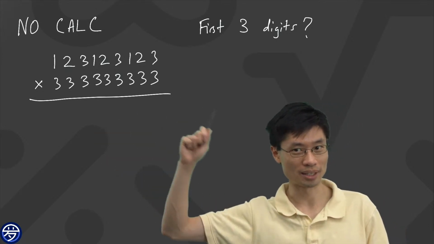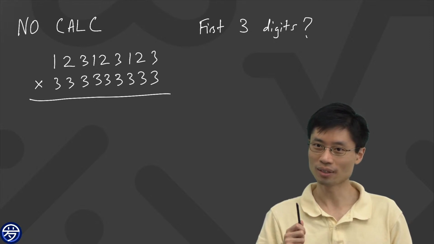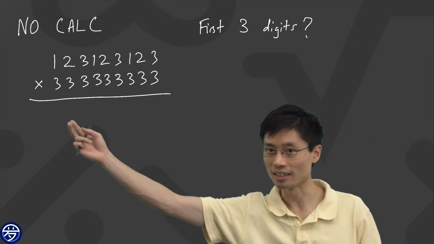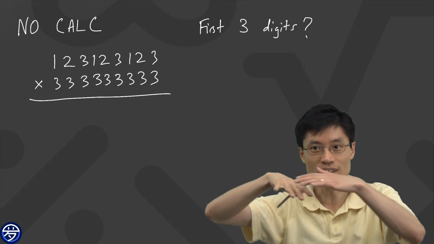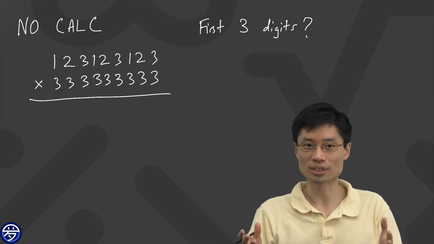If I multiply it by 3, the answer is 369. But if you multiply with 3 and get 369, you also have to take the other 369 and add all this stuff up together. So you're going to get some weird stuff going on.